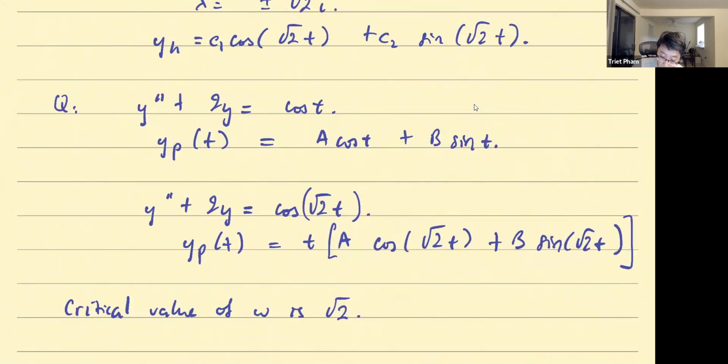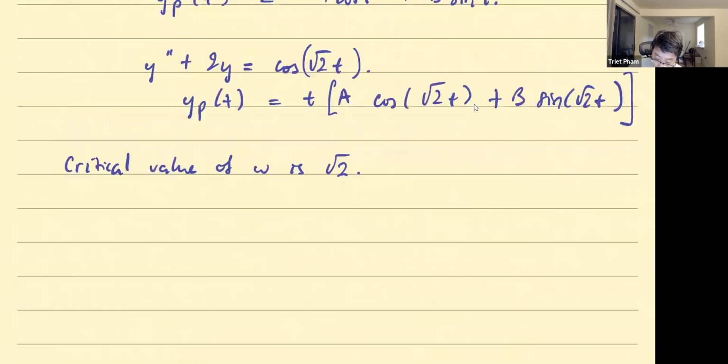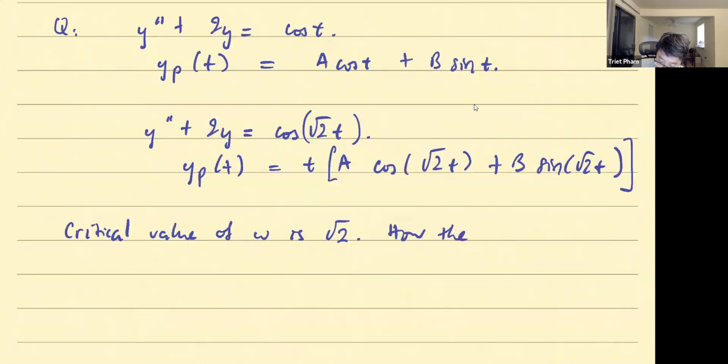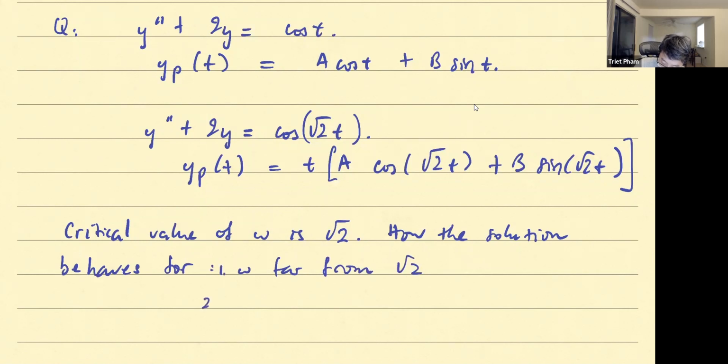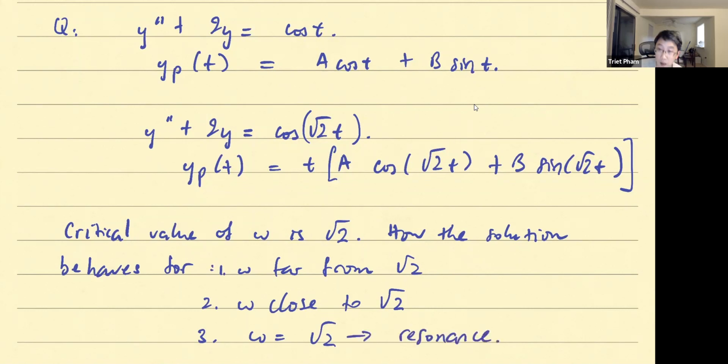And we want to investigate how the solutions behave for omega far away from square root of 2, omega close to square root of 2, and omega equal to square root of 2. And exactly omega equal to square root of 2 is called the case of resonance. Okay.